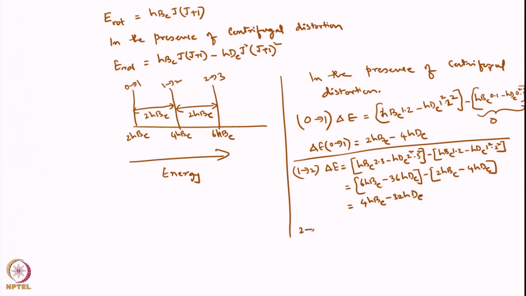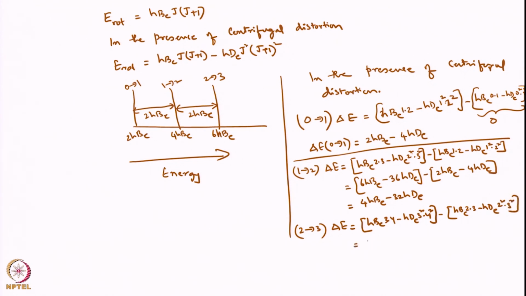Similarly, when you have the 2 to 3 transition, delta E will be equal to h B_e 3 into 4 minus h D_e 3 squared into 4 squared, minus h B_e 2 into 3 minus h D_e 2 squared into 3 squared.